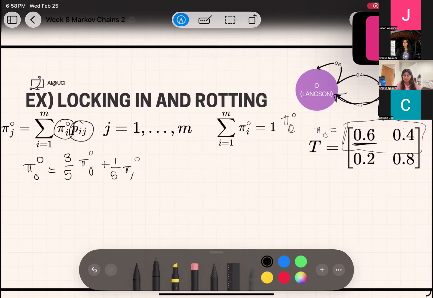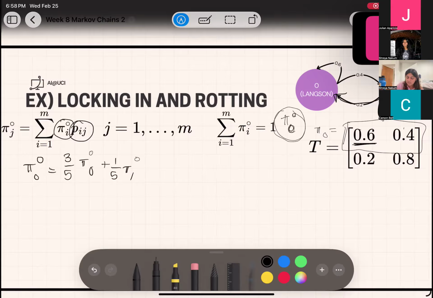Yes, pi with the dot on top means the steady state probability that you're at this specific spot. Pi with just the 0 is all the different states you can get to when you're at Langston. And pi with bottom 0 and top 0 is, given that you're in Langston, the probability that you go back to Langston.